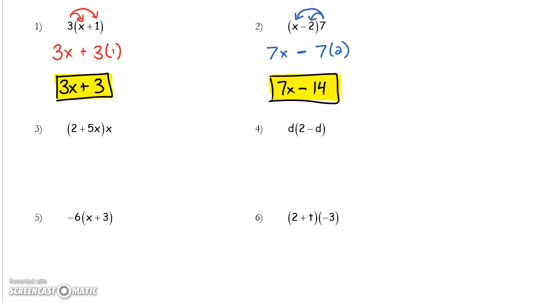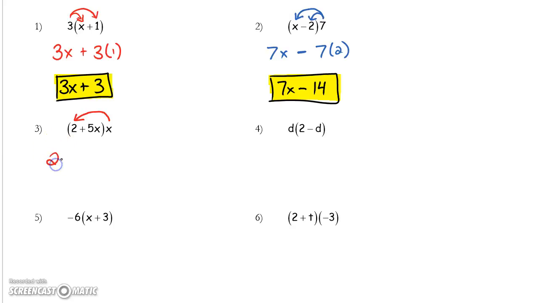The only difference on number 3 versus something like numbers 1 or 2 is that my number on the outside is actually a variable. I treat this the same way. I'm going to multiply x times that first term. Something to keep in mind: when I am multiplying with variables, the variable always comes second.